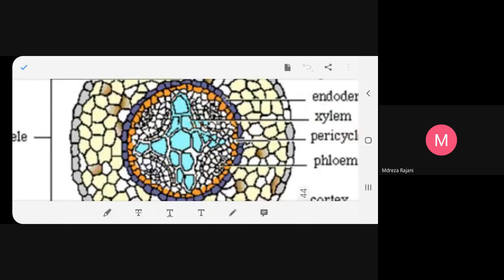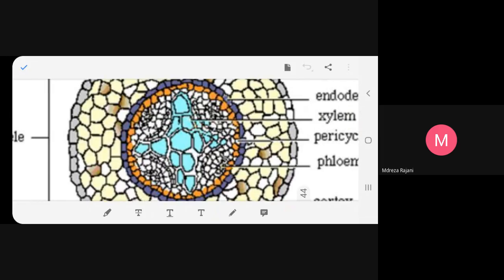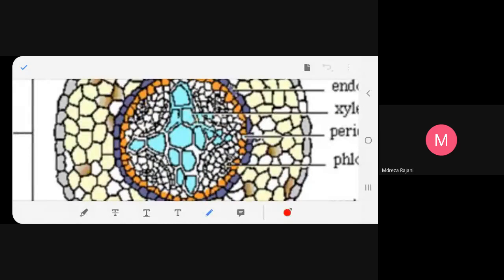Now I can show you something else also. What is this? Phloem. Phloem transports food to all parts of the body. Now, did you understand that?